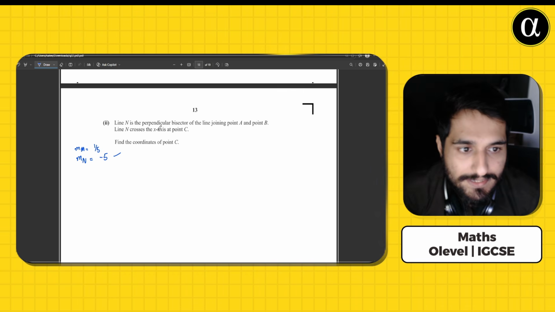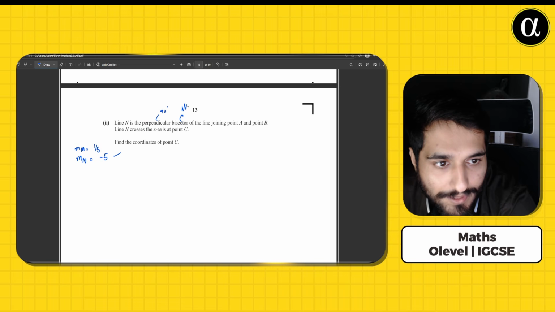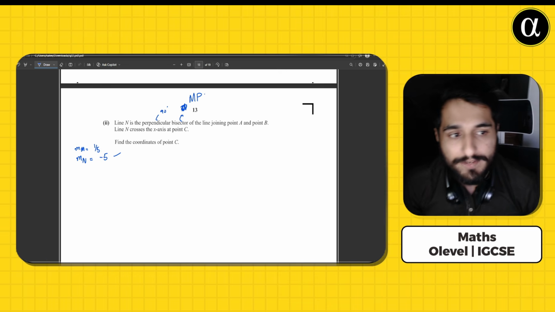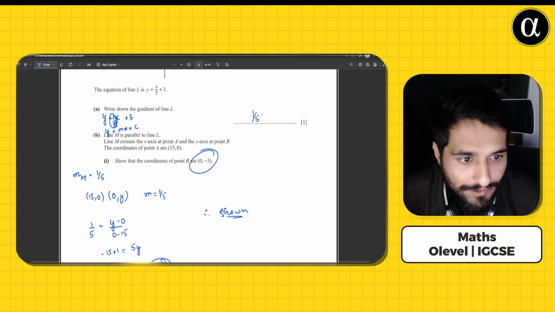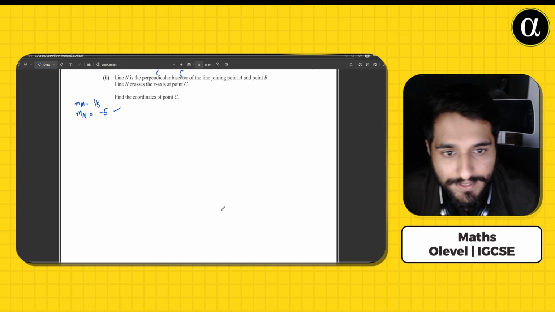It further says it's supposed to be a perpendicular bisector. Perpendicular means 90 degrees and bisector means midpoint. Now we need to find the midpoint of A and B. We have the coordinates 15, 0 and 0, minus 3.